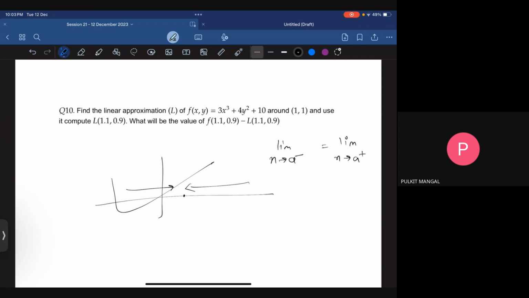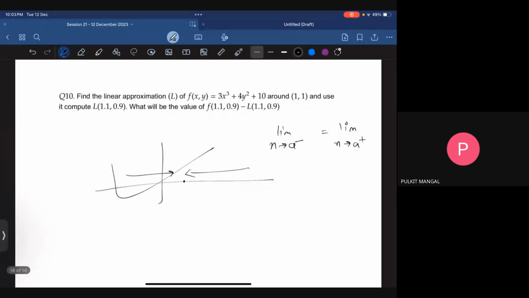The same thing we check for the derivative in the single variable case. In the multivariable case, there are not two directions, there are infinite ways from which you can approach one point.